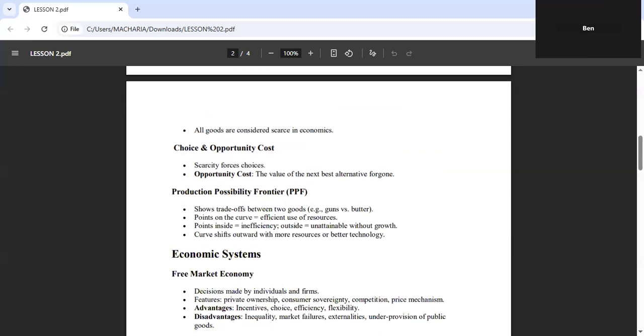Something else is called choice and opportunity cost. Of course, scarcity will bring choices. When an item is scarce, you choose the one which satisfies your need. Like, you need to travel, and you also need to eat.